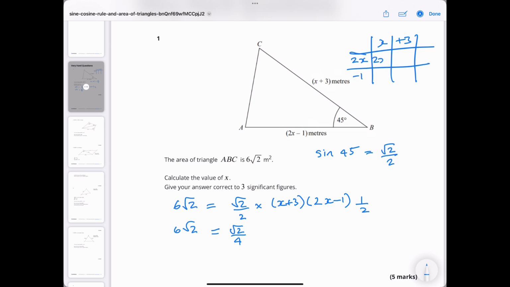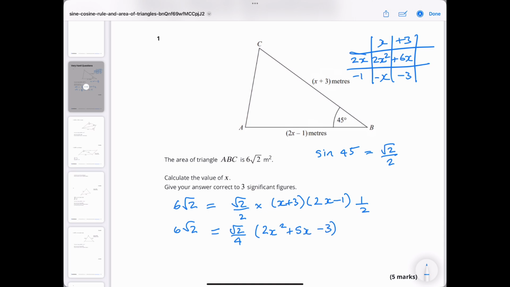So that's 2x squared plus 6x minus x minus 3, which is 2x squared plus 5x minus 3.